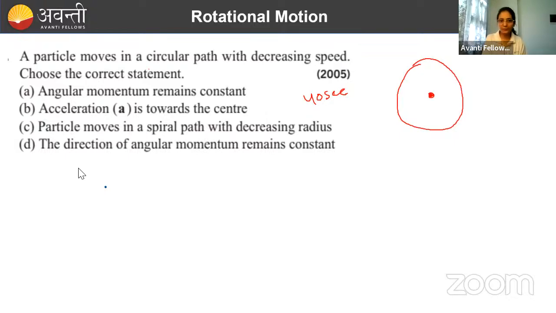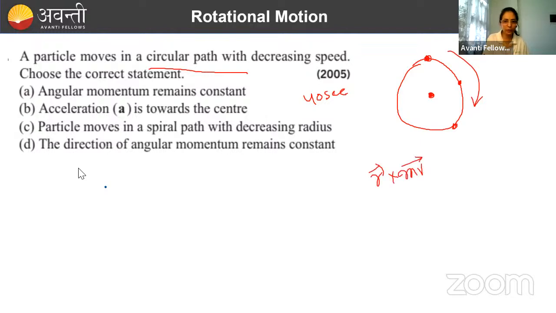A particle moves in a circular path with decreasing speed. Speed is decreasing, so the V value is changing. Direction will definitely change. Angular momentum of that particle, how do we calculate it? R cross MV.